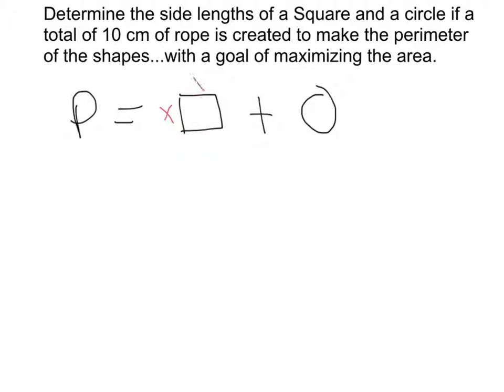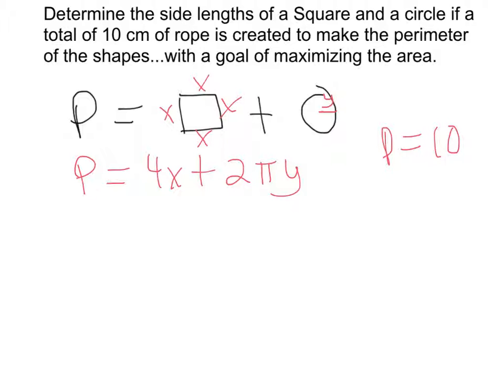The first instincts probably would be go to x, x, and x for that length, and then for the radius of the circle we might call it y, in which case we would have a formula of perimeter equals 4x plus 2 pi times y, because y would be the radius. But we also know that the perimeter happens to be worth 10. We also know that the area of these shapes then will be x squared plus, what would that be, pi y squared.